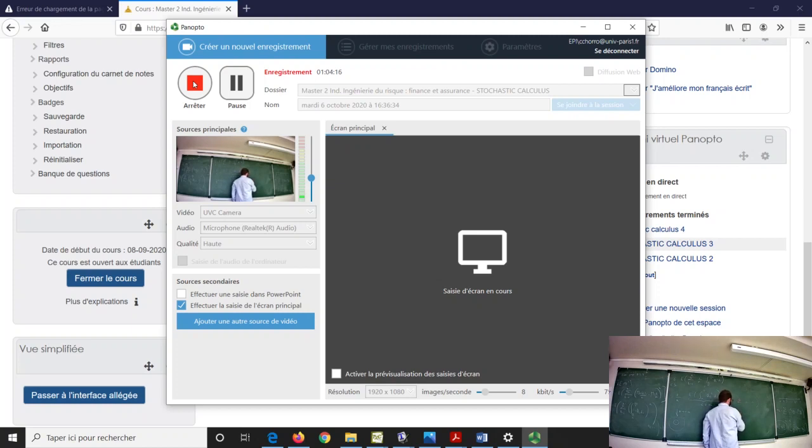I obtain the sum of the squares, plus, write it this way, 2 times the sum over i strictly less than j between n minus 1 and 1 of something like this. Okay?